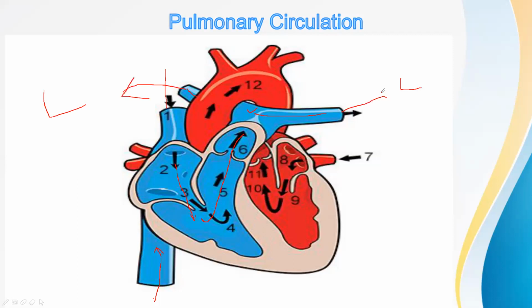In lungs, oxygen poor blood exchange their gases, means carbon dioxide released from the blood cells, and the blood cells collect the oxygen. When the blood cells collect the oxygen, it will become as oxygen-rich blood or oxygenated blood.